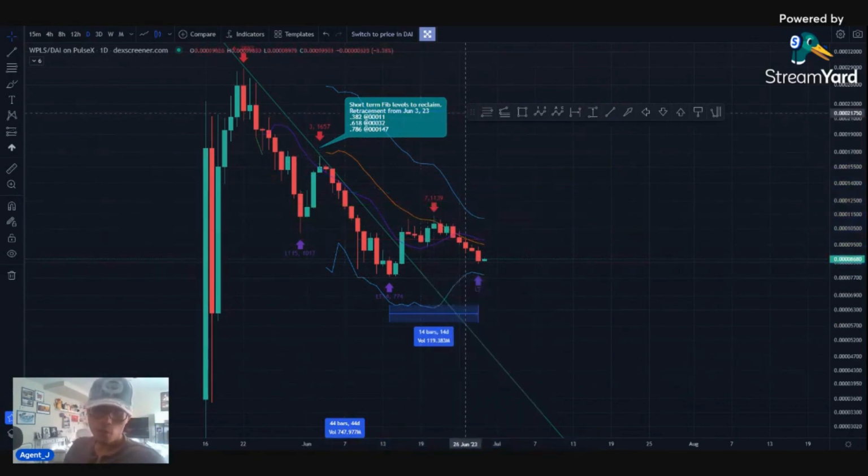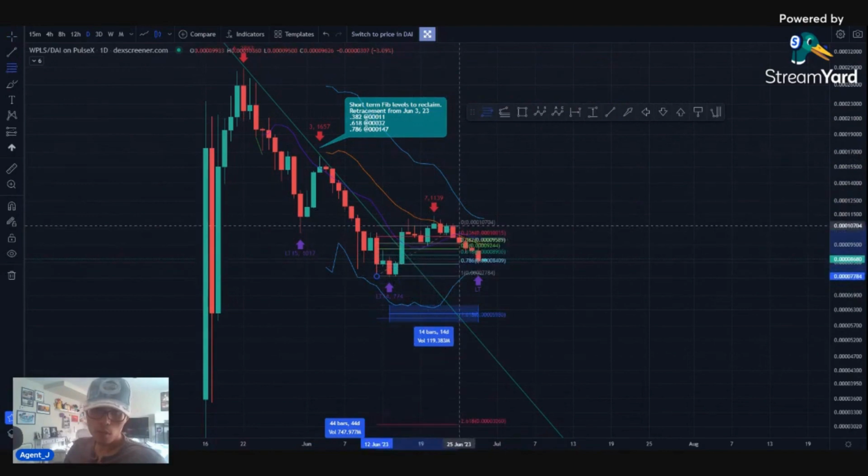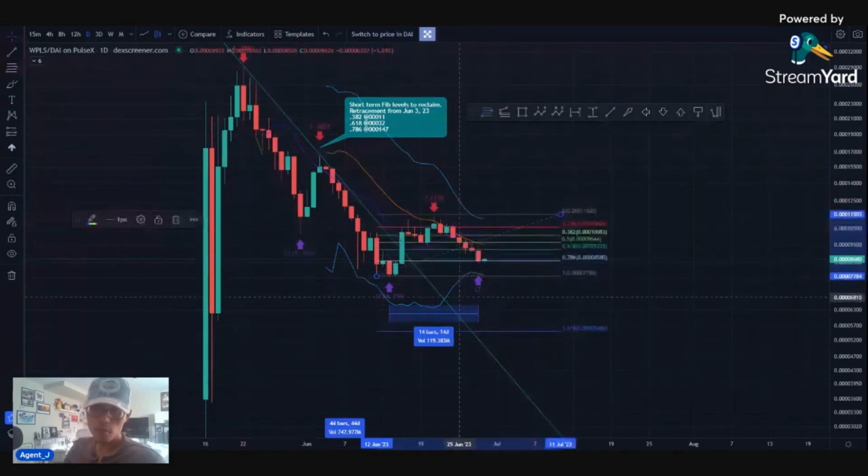However, if you do a fib retracement here, from our local low to our local swing high here, you notice that price so far has rejected the 0.786 level here.